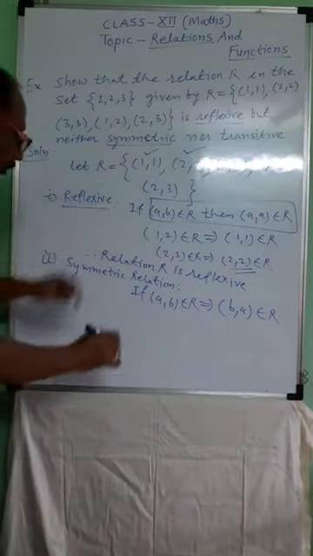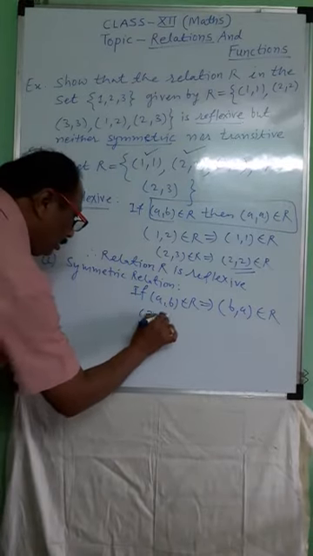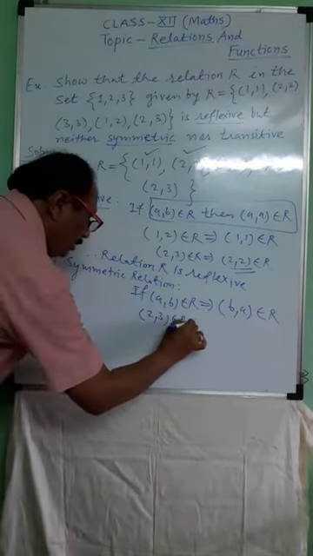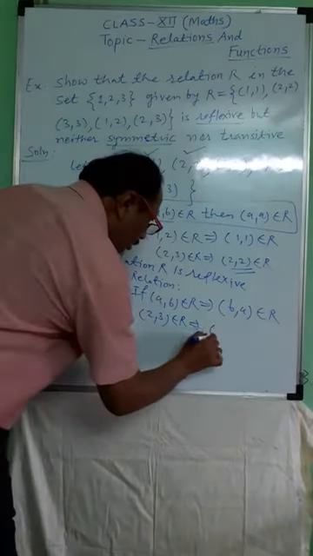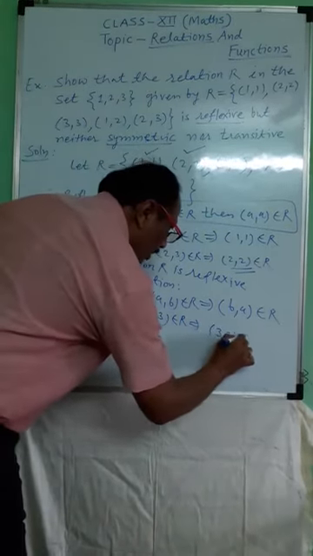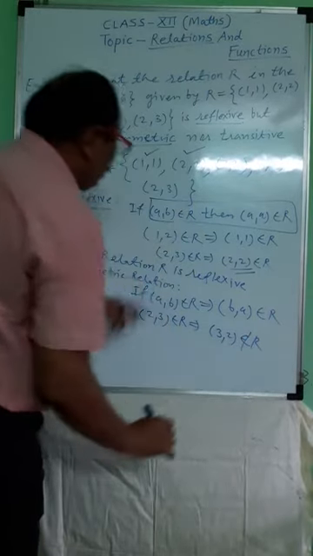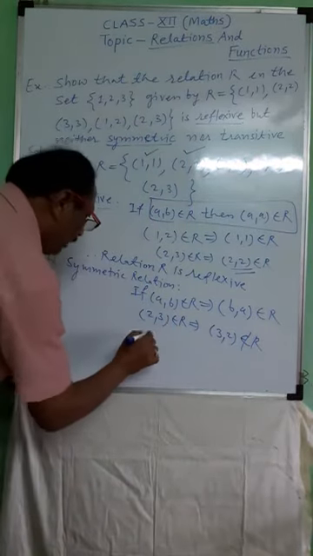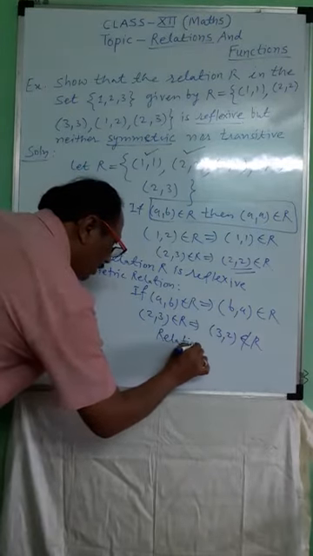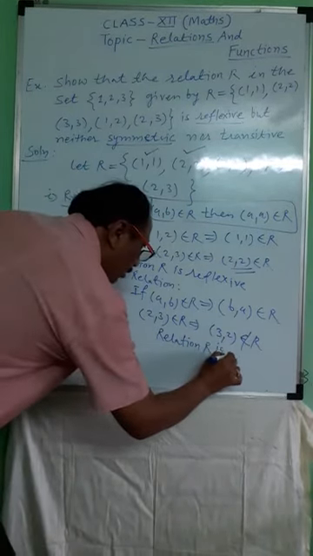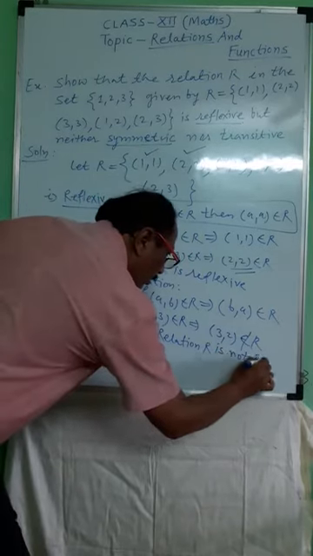Suppose (2,3) belongs to R, then (3,2) should belong to R. But (3,2) doesn't belong to R. It means this relation R is not symmetric.